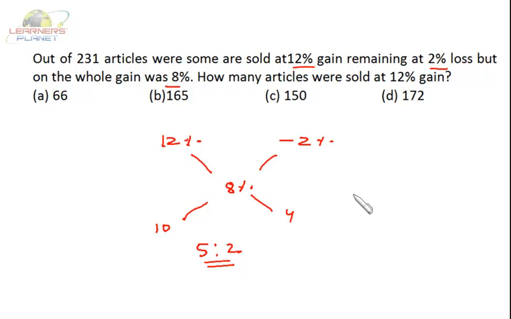So it is 5 part out of 7 part. So out of 231, 165 articles are sold at 12% profit. Okay, very simple problem, and a concept of profit and loss has been used over here.